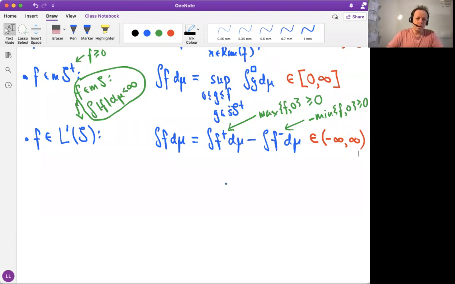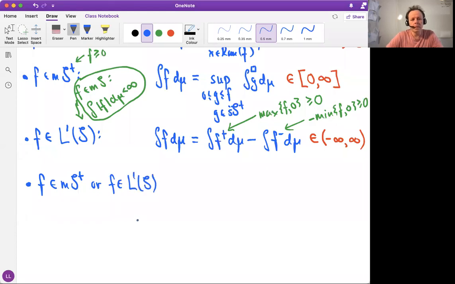Not so far. One more definition. If f is either positive and measurable, or if f is in L1. Note also that these two classes, none of them is bigger than the other. There are functions which are here but not there, and there are functions which are there but not here.